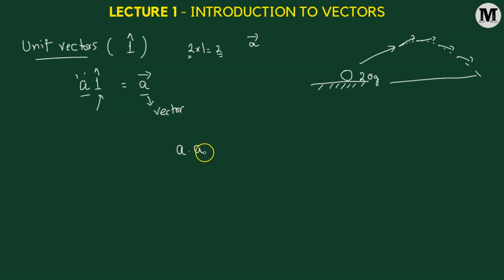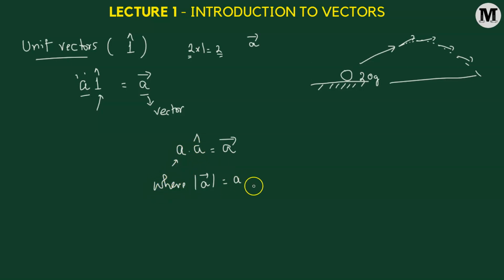The best way to represent a unit vector is to take any scalar number and put a cap on top of it. Then this particular scalar number is going to become a vector with an arrow on top of it, suggesting that it is a vector whose magnitude is the same as that of the original scalar number.